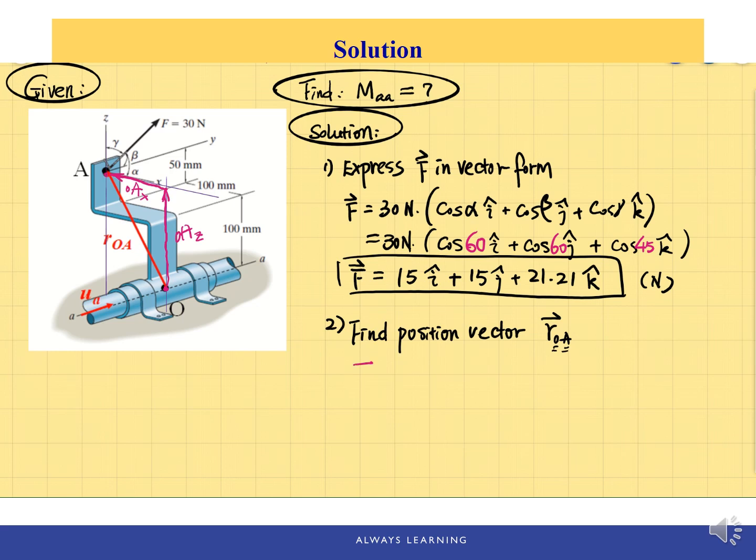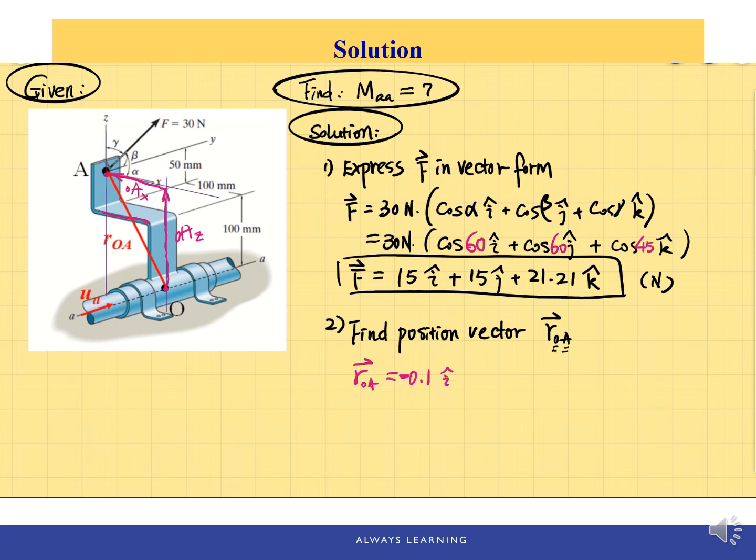Then we can find the values using geometry. OAX is the length of this part, which is 100 millimeter. So we'll do 0.1 meter. And remember, it is a negative 0.1 i hat.